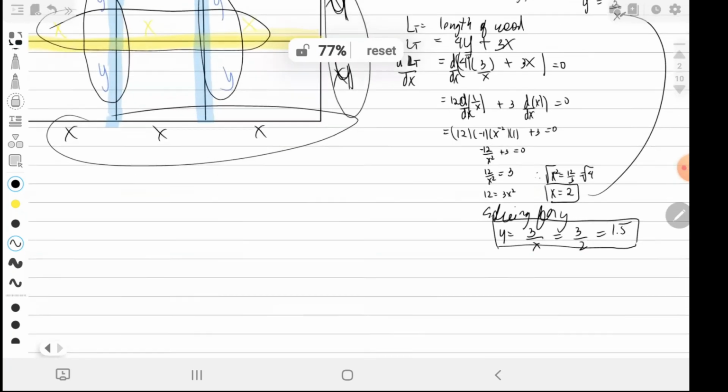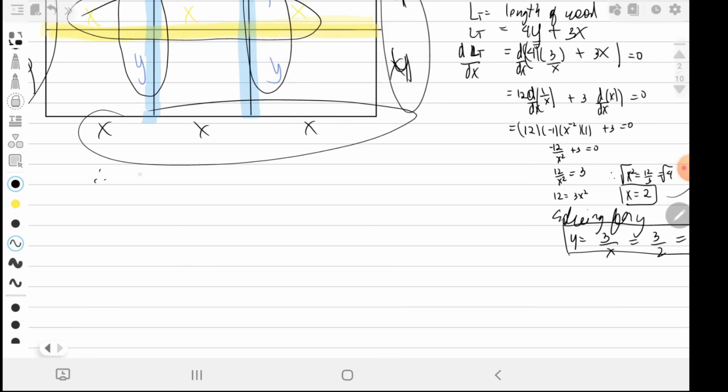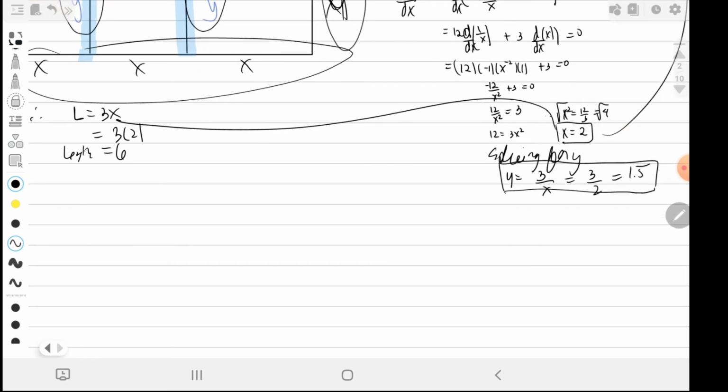Okay? So, therefore, as an analysis, length is equal to 3x, where x is equal to 2. So, 3 multiplied by 2, we have 6. And then lastly, we have our y, or our width is equal to 2y, which is equal to 2 multiplied by 1.5, which is equal to 3 as our width.